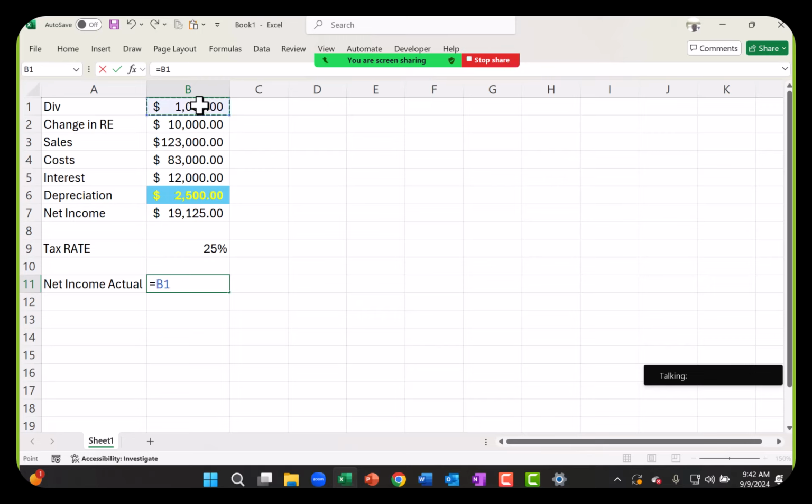Dividends plus change in retained earnings. That means depreciation cannot be 2,500. And I can calculate the difference.